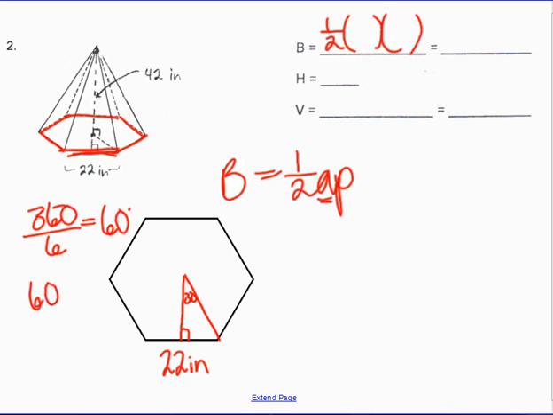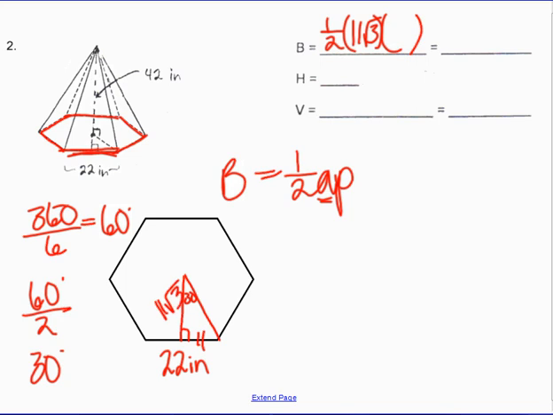Then I take 60 degrees and cut it in half, so remember that's a 30 degree angle there. So I can use my special right triangle rules. I'm going to cut 22 in half to get 11. And then remember, I multiply the short leg by radical 3 to get the apothem. So this would be 11 radical 3.